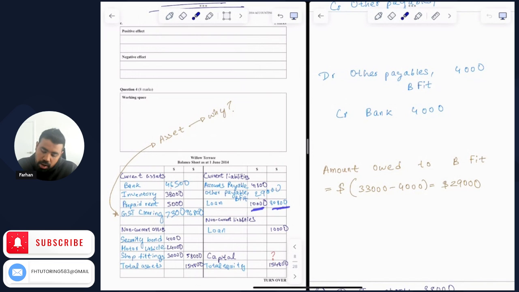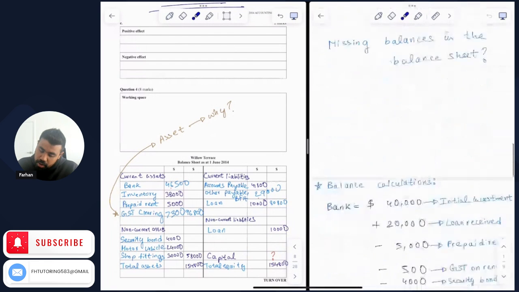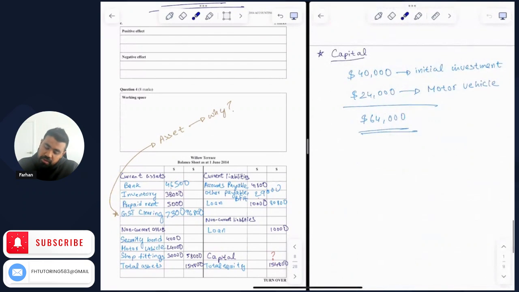Now, within the non-current liability section, you've got loan repayment due in 24 months, and that is $10,000 as well. And then capital is what we had to calculate ourselves. So what is the capital? So capital is referring to $40,000 of initial investment that we have made on the very first transaction, if you remember. And then we have contributed the motor vehicle.